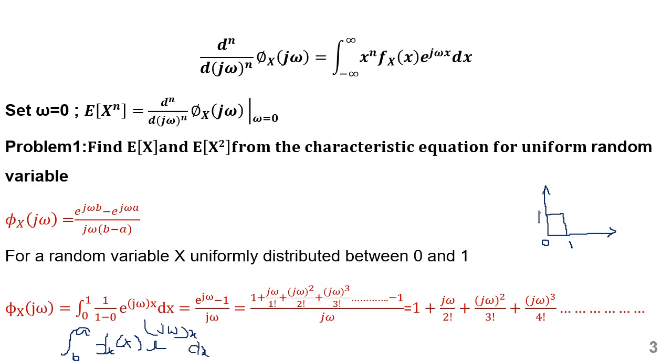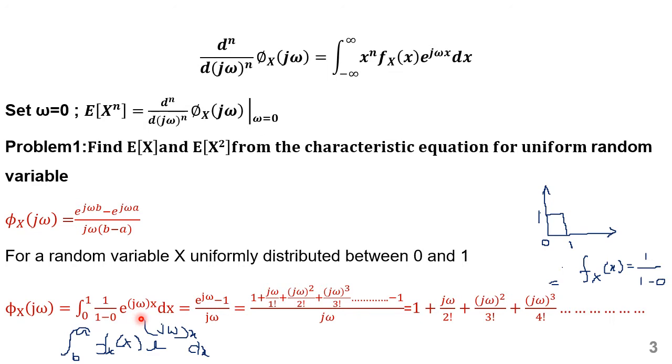Here f_X of x is 1 divided by b minus a, where b is 1 and a is 0, so 1 divided by 1 minus 0. That is substituted here and integrated from 0 to 1 of e to the power j omega x dx.